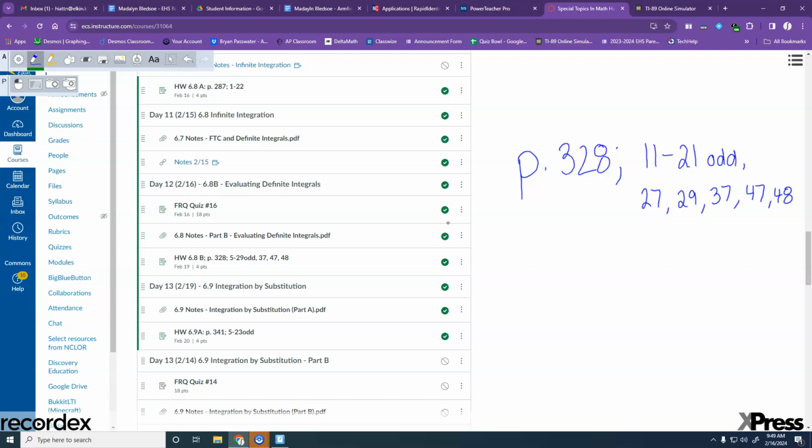It says progress check number 6. So we're going to do that, and we're going to do it like our FRQ, and we'll have an FRQ quiz on Friday coming from that progress check instead of from one of the FRQ assignments for that. And then the next week, we will probably not have a FRQ quiz because we will have a test that week.